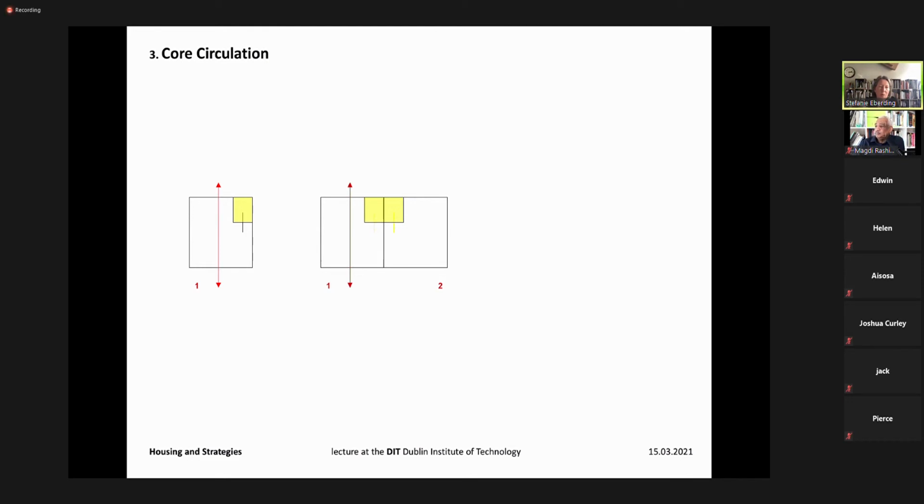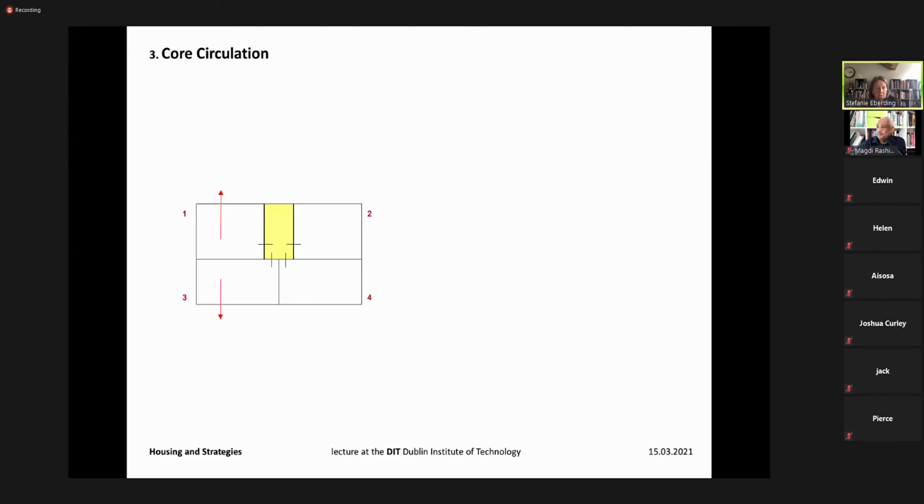So a common thing is 2 residential units per staircase. So you can also provide at least light from 3 sides. And if you have 3 units per one staircase, the middle unit just gets light from one side, which is not as nice. So you just have to be aware when planning that you have to avoid certain things.